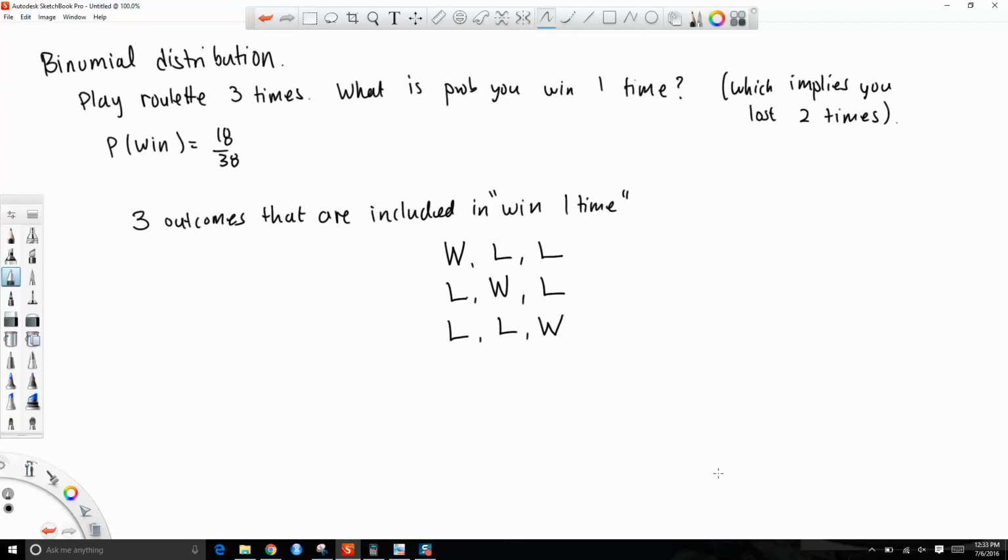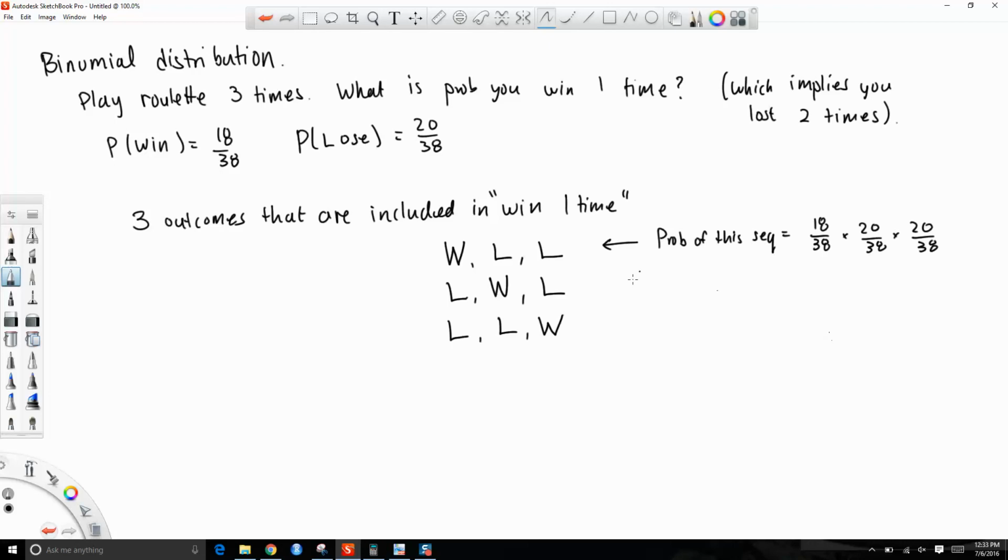Are we in agreement here? So what is the probability of getting each exact sequence? For the first, it would be 18 out of 38 times 20 out of 38 times 20 out of 38, because the probability of winning is 18 out of 38 and the probability of a loss is 20 out of 38.